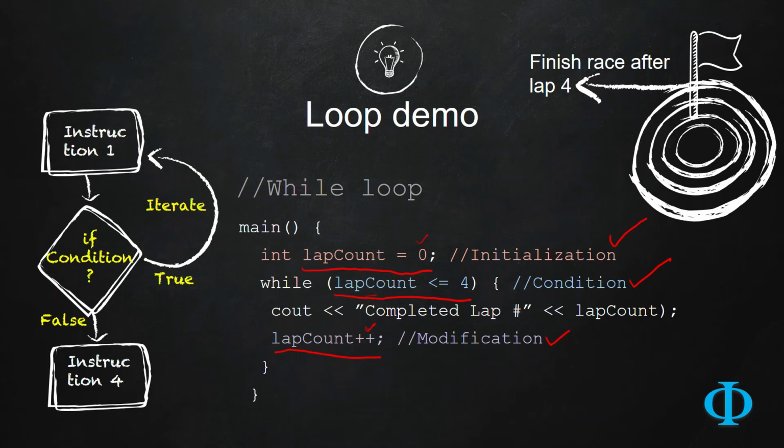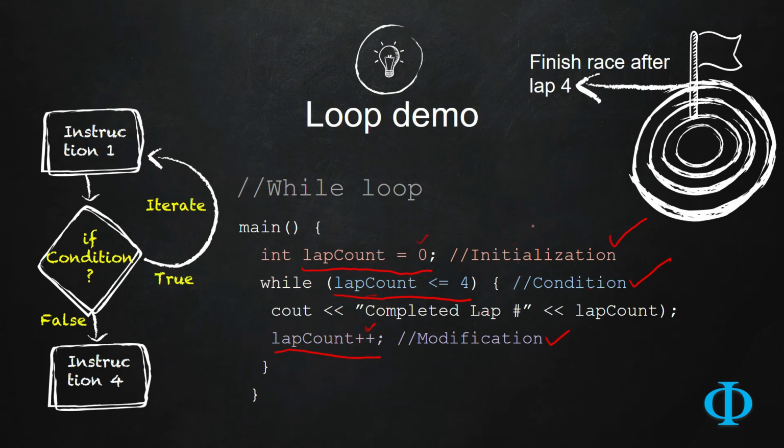And that is the essence of loop. And this lap count variable, on the basis of which you are designing the initialization, condition and modification, has a special name: it is called the loop variable.